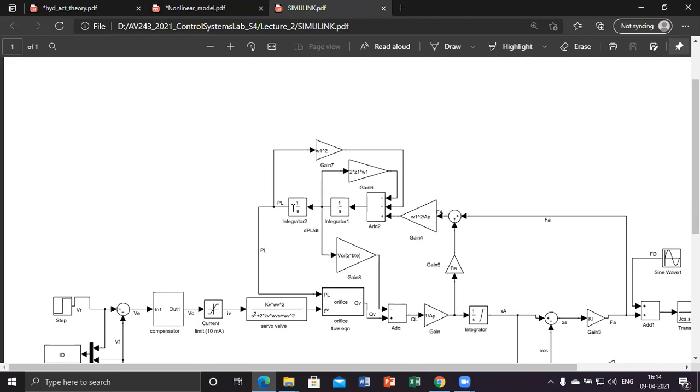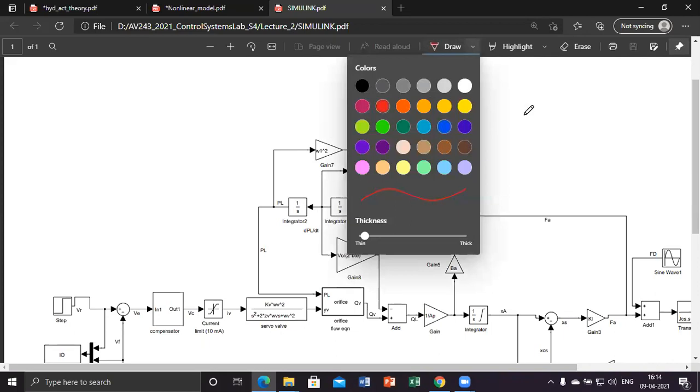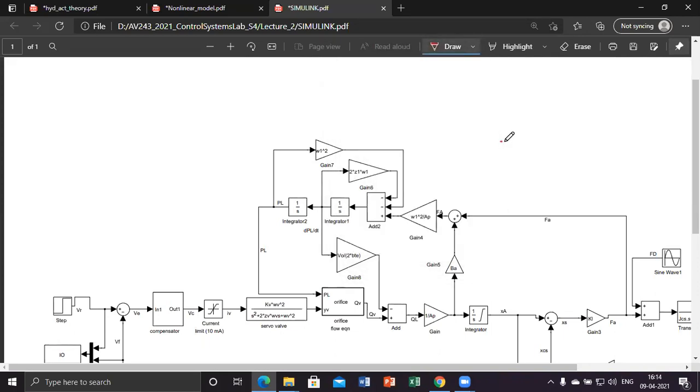Two integrators, and this is the input side, this is the output side. What I have simulated is this is the output.